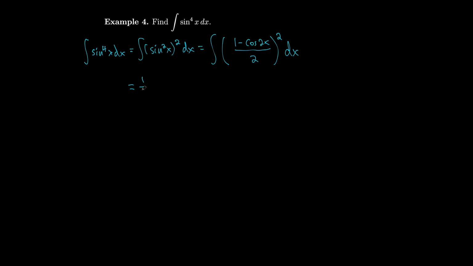We get 1/4 of the integral of 1 minus 2 cosine 2x plus cosine squared 2x dx. Oh wait, we still have a square in here. So it looks like we've made some progress with our integral because we've gone from a 4th power to a square, but we need to use the other identity now.